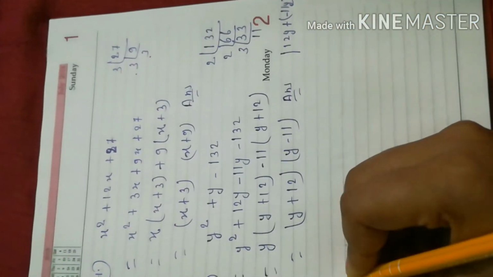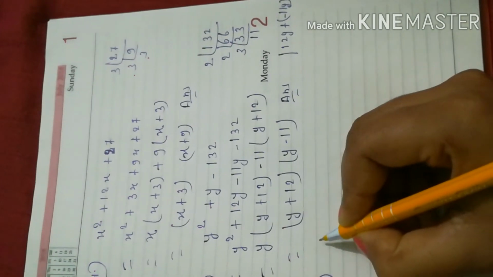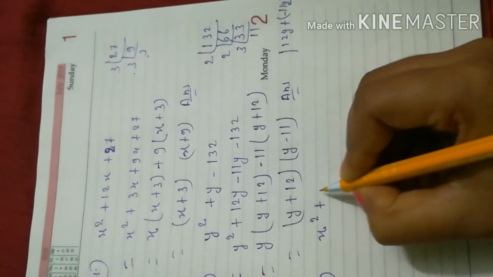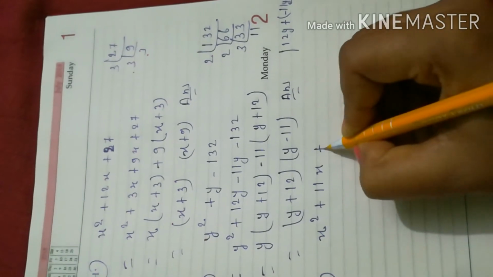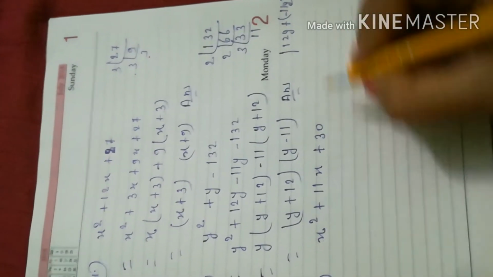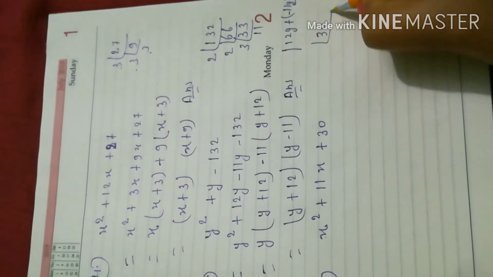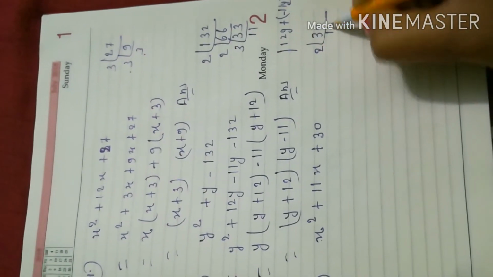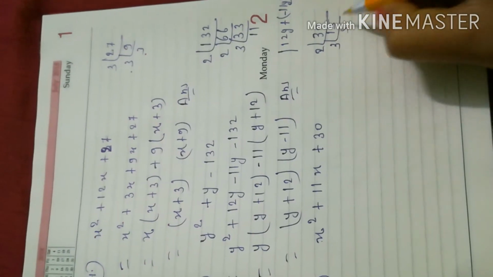Now question number 6. Question number 6 is x square plus 11x plus 30. Now we will multiply 30 into 1. We can write 30: 2 15s are 30, 3 5s are 15.